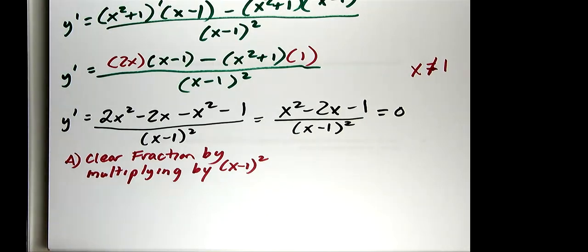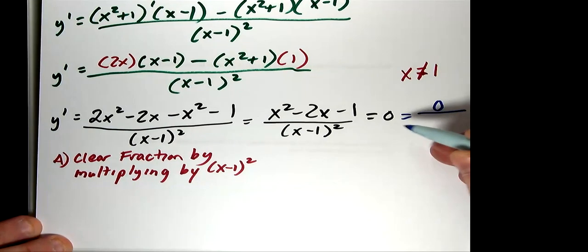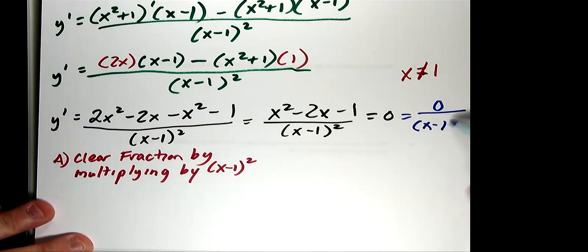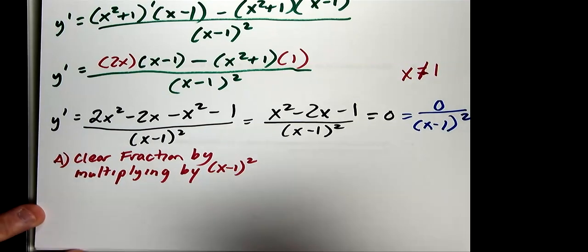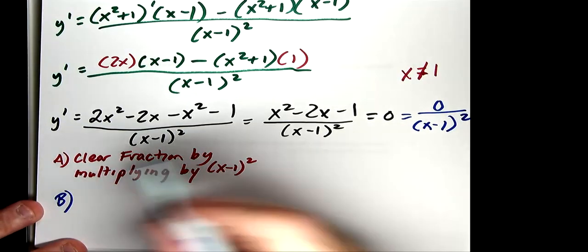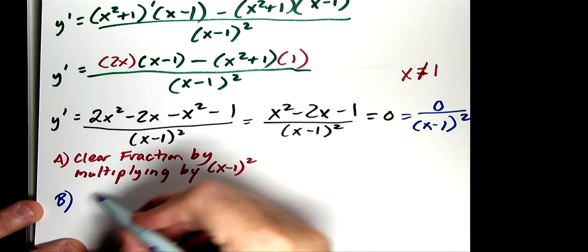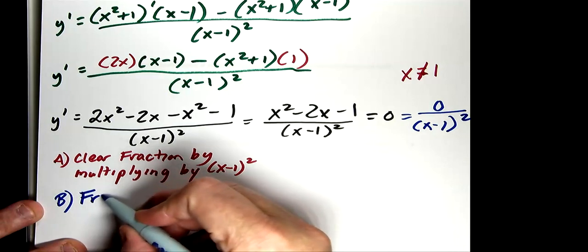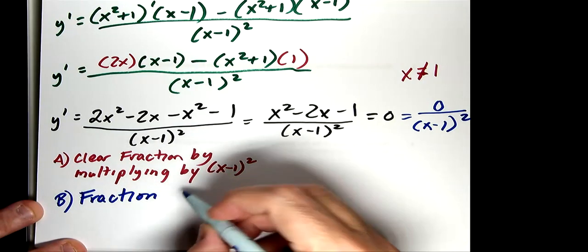The other option is, check this out. Instead of writing 0, I could write this as 0 over x minus 1 squared. And so option B is recognizing that for that fraction to equal 0, the numerator has to equal 0.